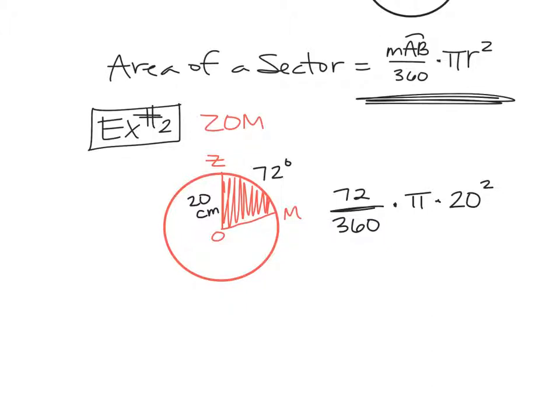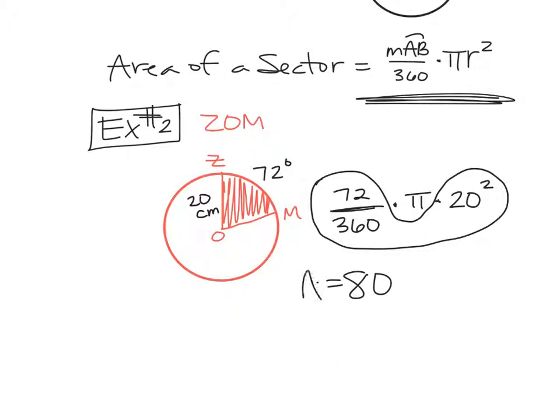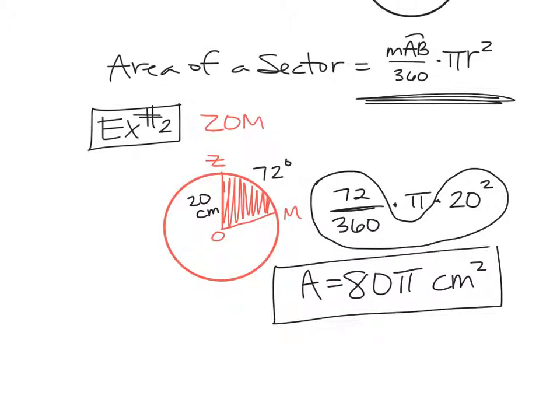If 20 was the diameter, then you would cut it in half. Then we're going to leave these in terms of pi, which means you're going to plug everything but the pi in. So 72 divided by 360 times 20 squared comes out to 80. Then you'll attach the pi and its area, so square centimeters.